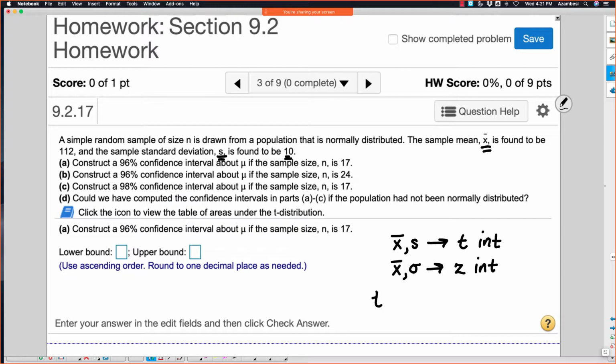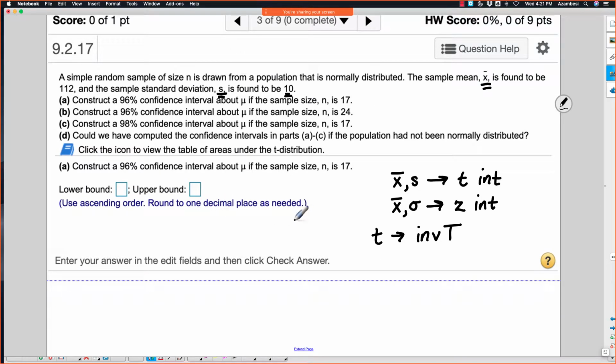So t values, inverse t. If you go to your inverse t function under your distribution, it's going to ask you for area like the z one does. So this is area in the tail again. It's going to also ask for degrees of freedom.